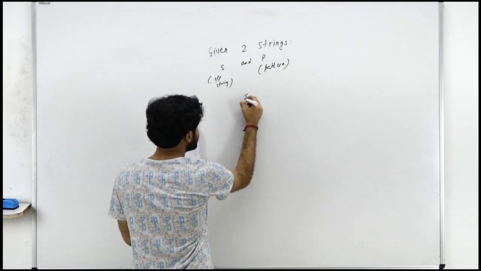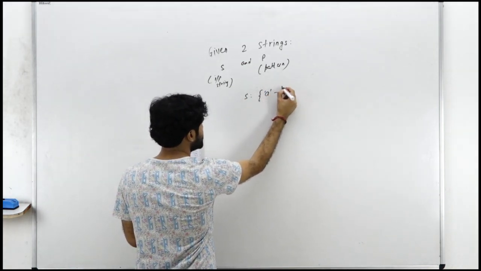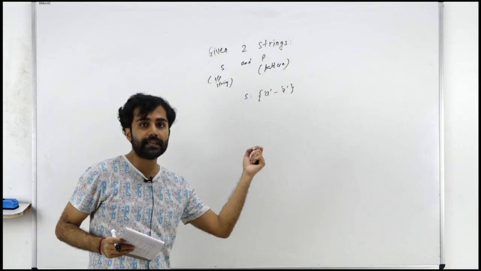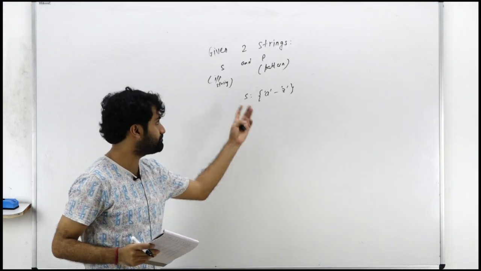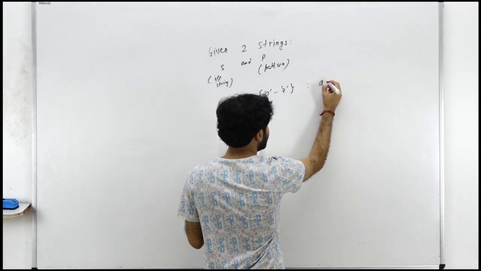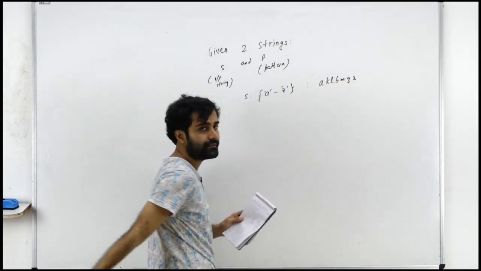Now the string S is composed of characters from A to Z. By that I mean any character of this string S will be something in between A to Z. Okay. So no character would be outside this. So I can have a string S that looks like A, K, L, B, M, Q, R, something like that, right?